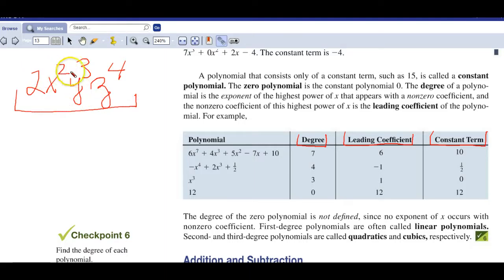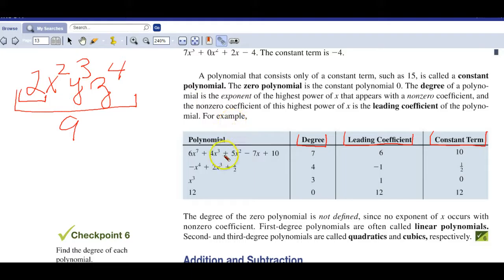Now the degree of this term would be the sum of the exponents on the variables. So here it's 2, 5, 3 is 5, 4 is 9. So the degree of this would be 9. Now the numerical coefficient would be the 2.